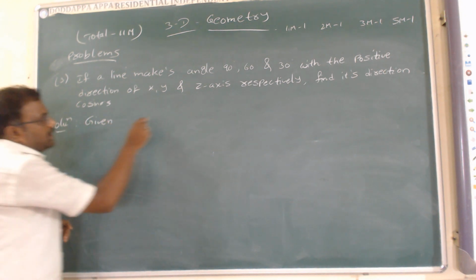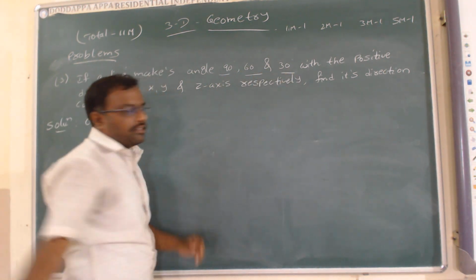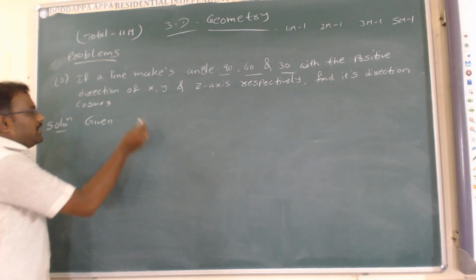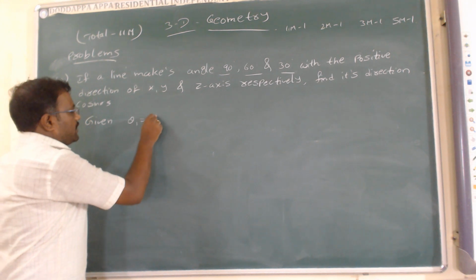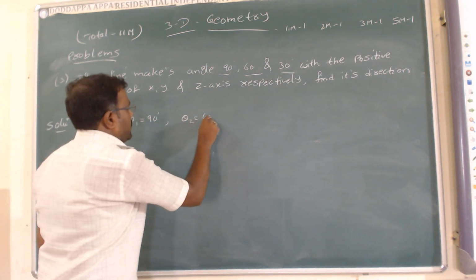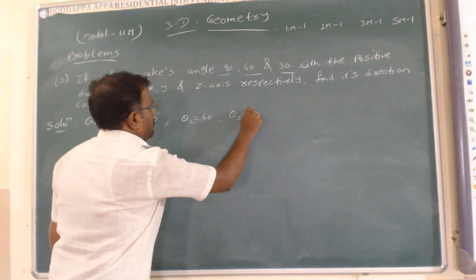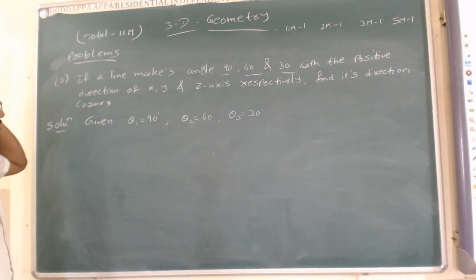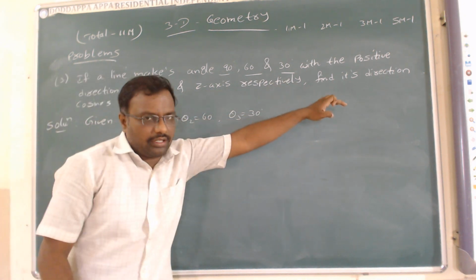So here three angles are given. One is 90 degree, one is 60 degree and another one is 30 degree, right? So here, first take theta 1 is equal to 90 degree, theta 2 is equal to 60 degree, and theta 3 is equal to 30 degree.